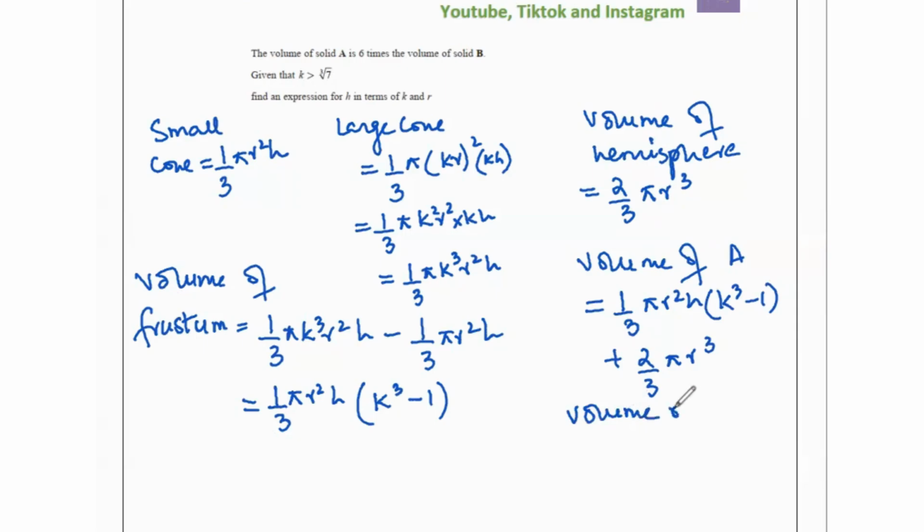Volume of B is going to be 1 over 3 pi r squared h plus 2 over 3 pi r cubed.